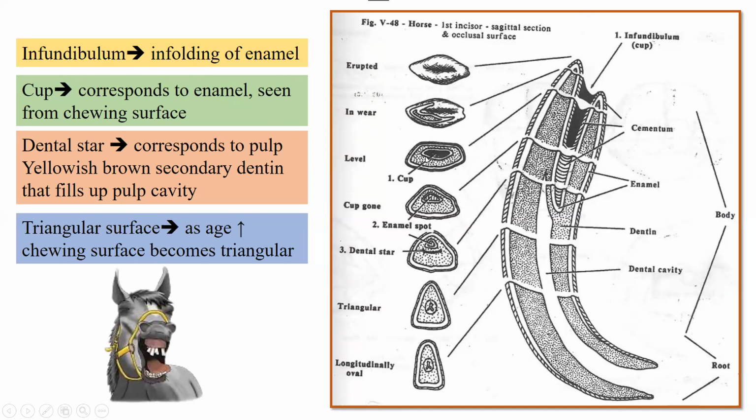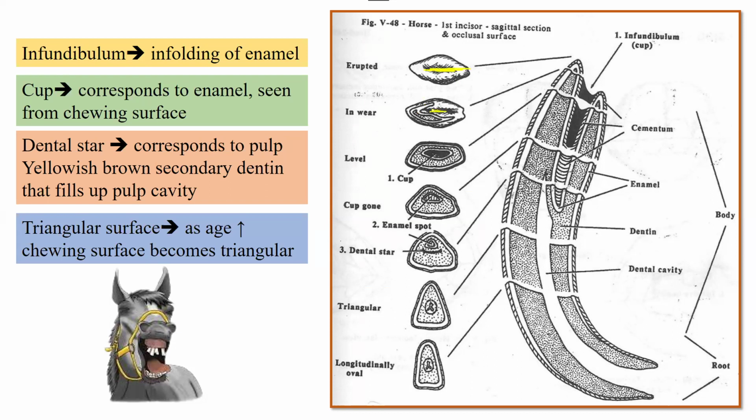Okay, let's understand this from this picture. This is the same picture, just the full view. Now you see that this is the infundibulum, and this is the side view, and this is the view from the chewing surface. I can mark this area particularly. So okay, what is this? This is a cup.